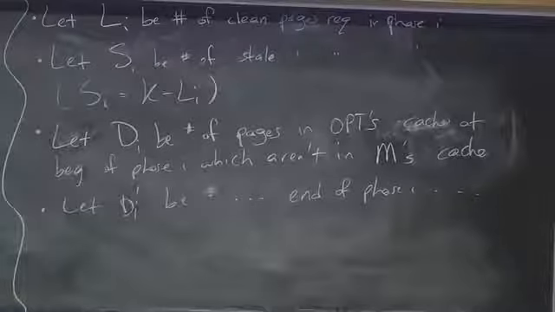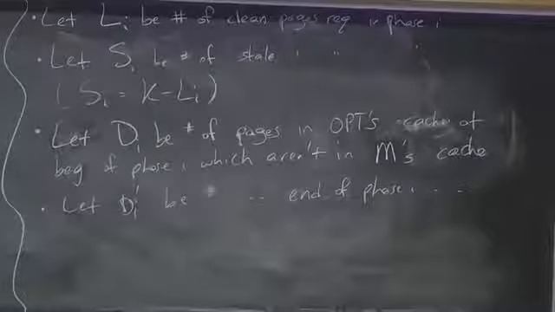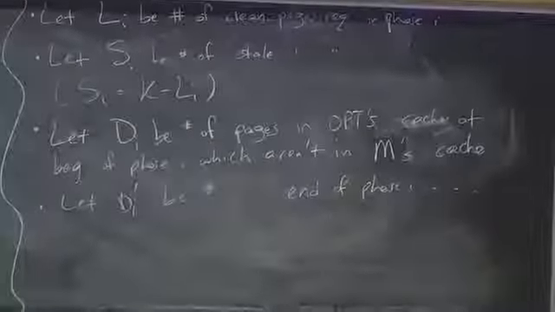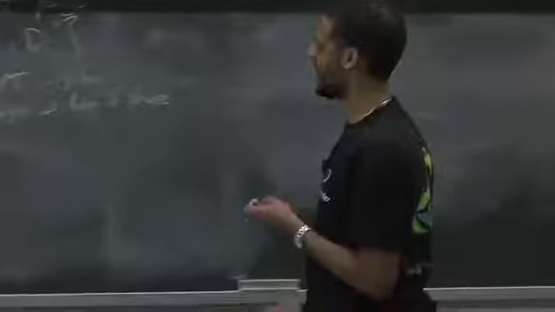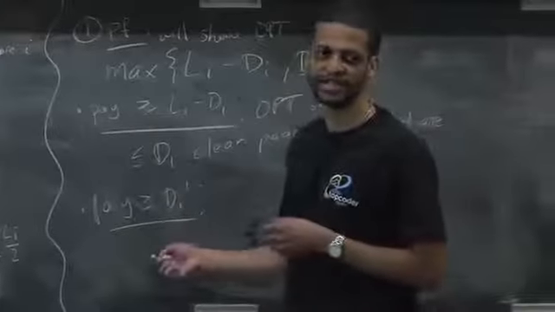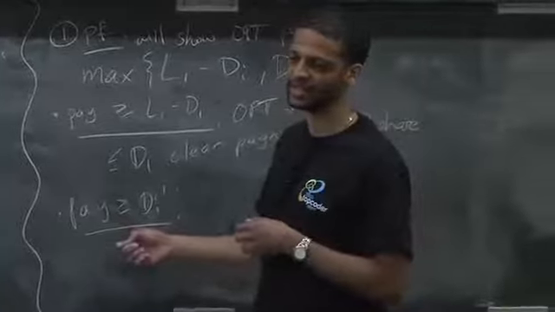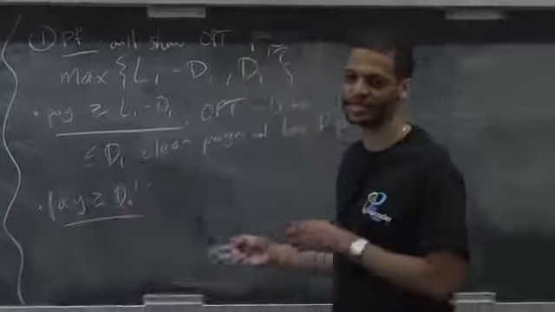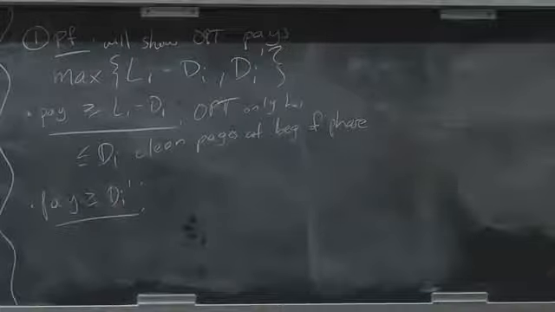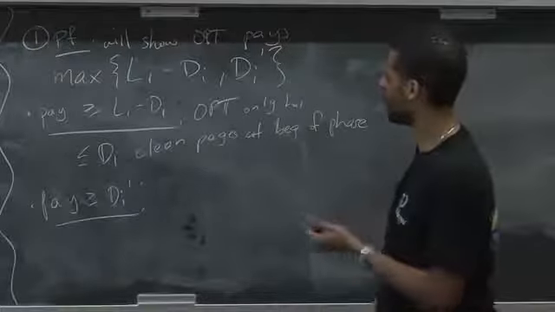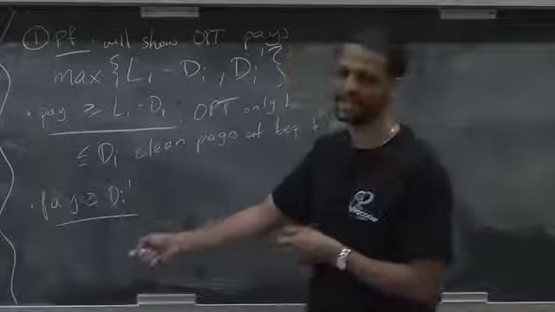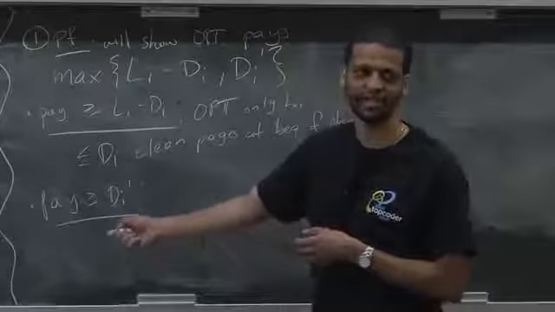Yeah, the set of pages that were requested in that phase, right? And you're telling me that OPT doesn't have exactly that set of pages in its cache. It has some difference. It has some d_i prime pages besides the pages that were requested in that phase. So it's essentially operating on a cache. Well, that means that for d_i prime of those requested pages, there had to have been an eviction.